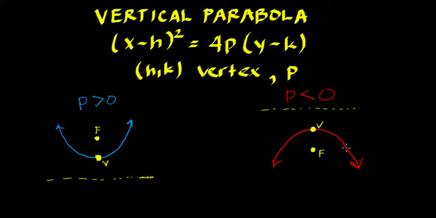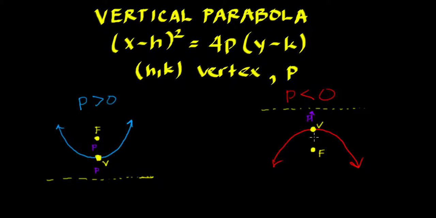Okay, now a lot of this you're like, okay, I get that, but what's the relationship between these? How do you figure out how far the focus is? And this is where p comes into play. The distance between the focus and the vertex is p spaces, and the distance between the vertex and the directrix is also p spaces. So the distance between any vertex to its directrix is always going to be p.